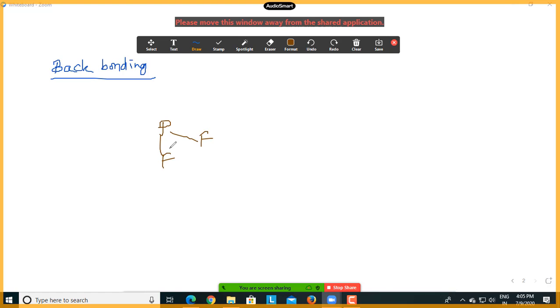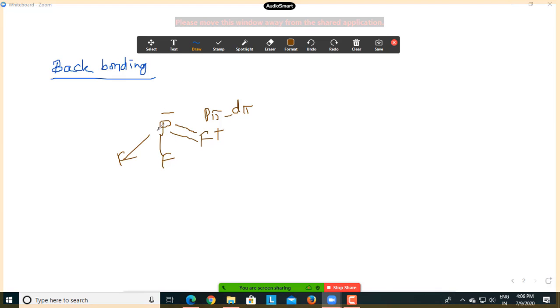So this is p pi and d pi, extra bonding. So fluorine becomes the donor with plus, and phosphorus is the acceptor, so minus. So phosphorus accepts electrons because a vacant orbital is there. Fluorine wants to give electrons. This is electron overcrowded, so it will give electrons. So if fluorine is giving to this phosphorus, this fluorine also says I also give.